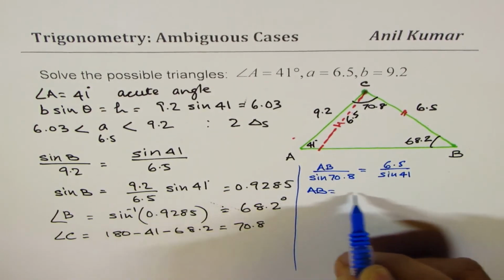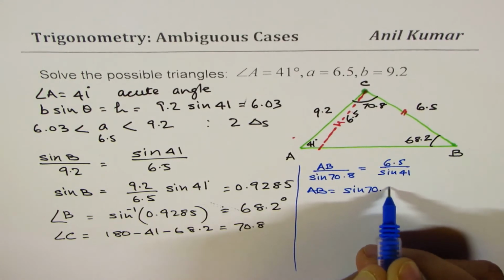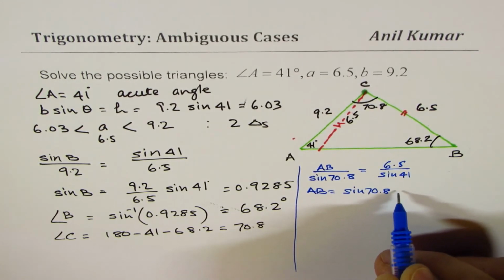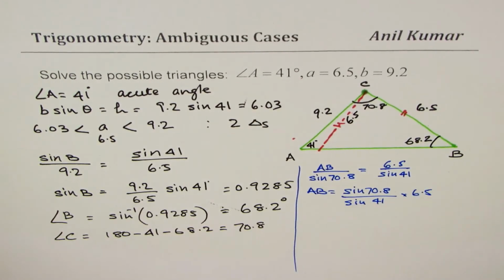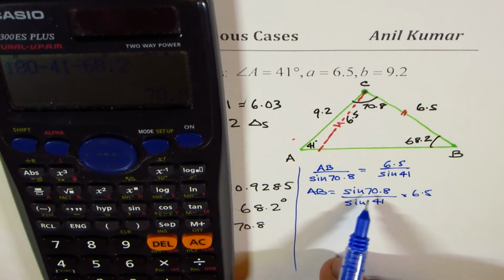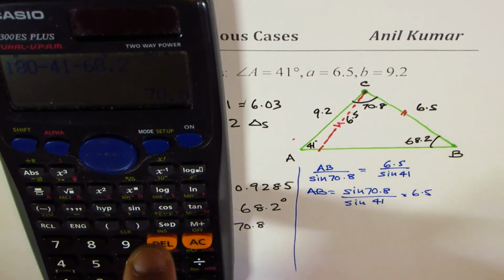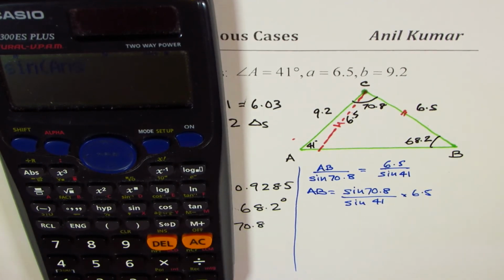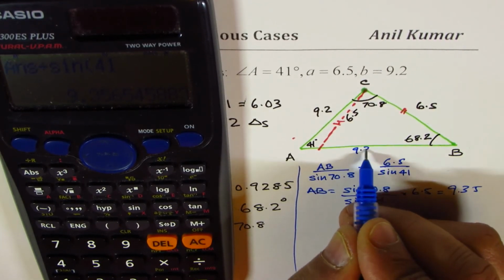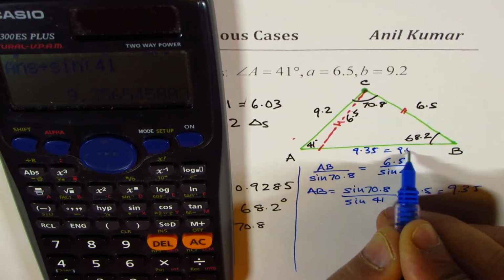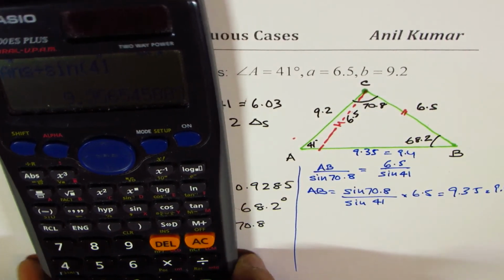So AB is equal to sine of 70.8 times 6.5 divided by sine of 41. So we get 9.35, rounded to 9.4 for the big triangle.